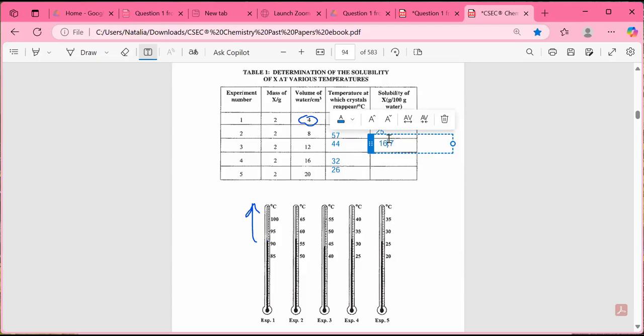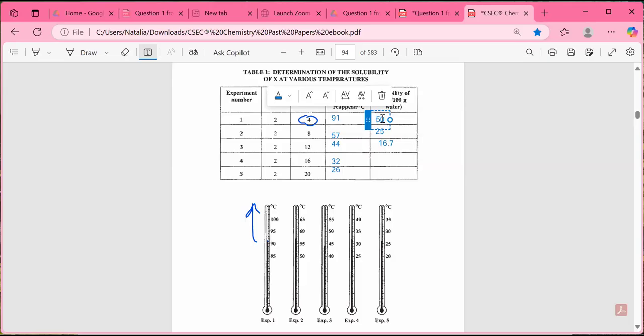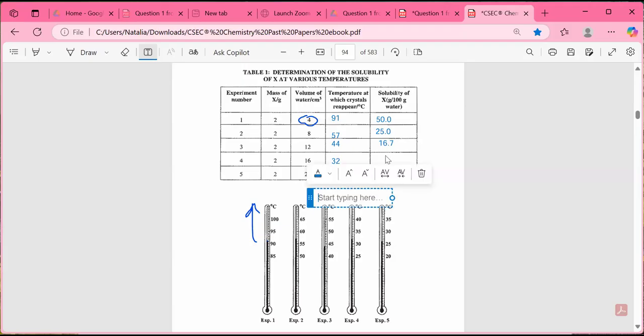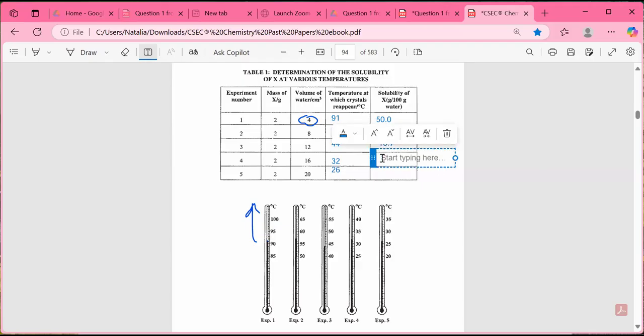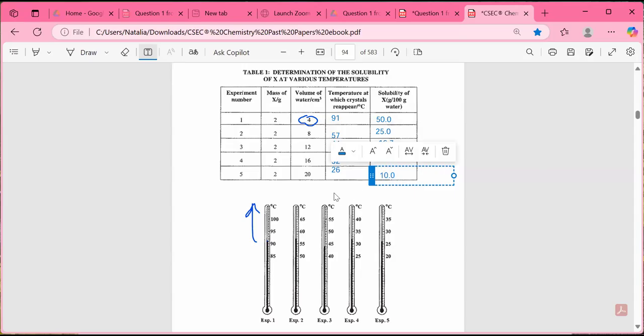So I'm going to go back up and put 0 for all of them: 25.0. And then this would be 2 divided by 16, so this is 12.5. 2 divided by 20, so this is 10.0. I'm adding the 0.0 because in a table, all the values must be expressed to the same number of decimal places.